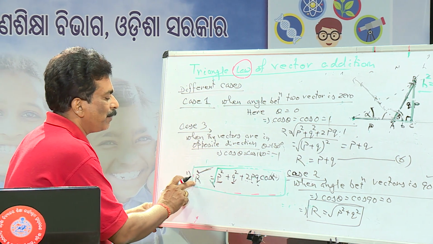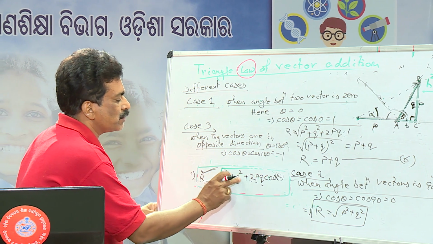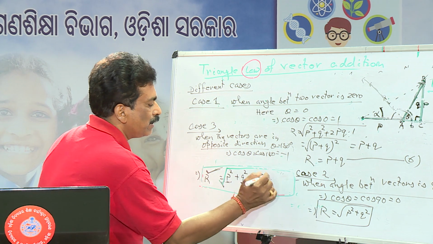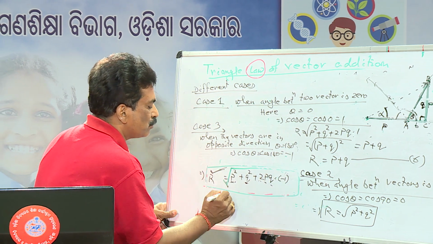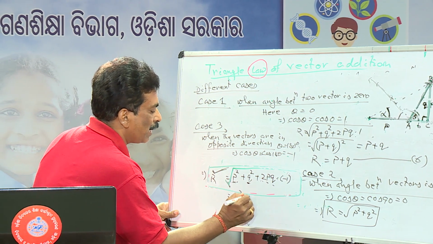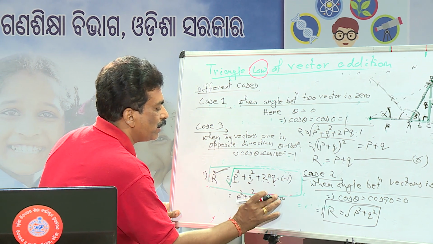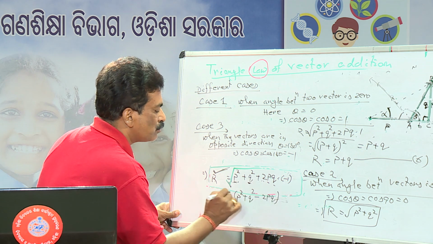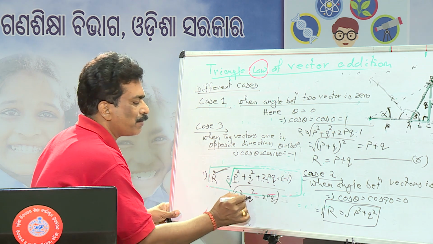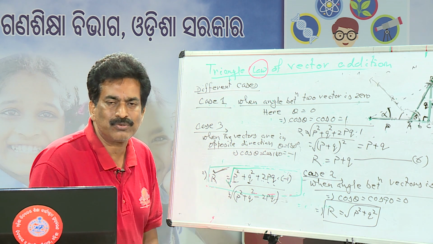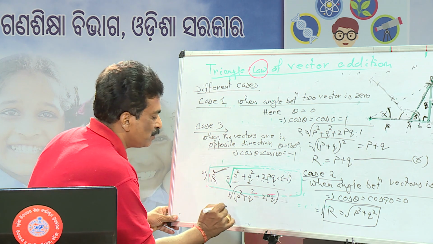If you put the value in R, then root over P square plus Q square plus 2PQ cos theta, where cos theta is equal to minus 1, this is equal to root over P square plus Q square minus 2PQ. This is a square plus b square minus 2ab. Whose formula is that? That is a minus b whole square.